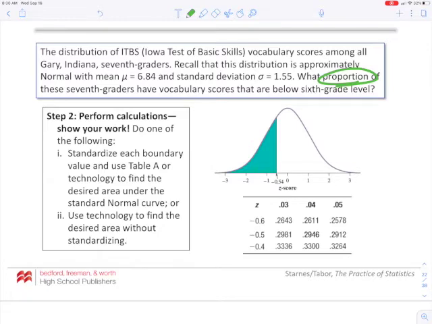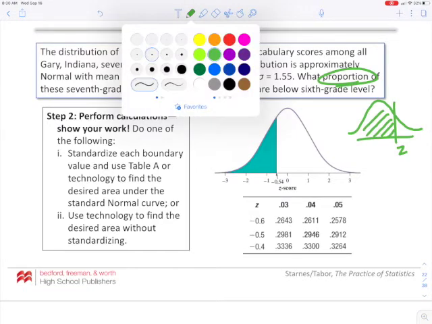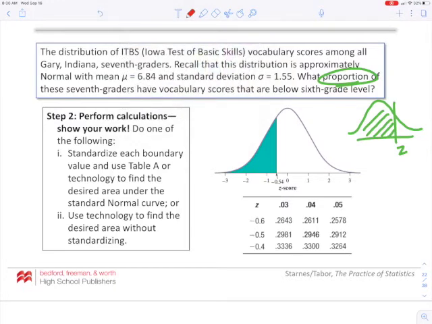6th grade level. Now on your sheet at the top, there's a normal distribution, and it shows a Z and area that is shaded. Notice that the area shaded is to the left of the Z value. That means all the proportions are "less than" values.